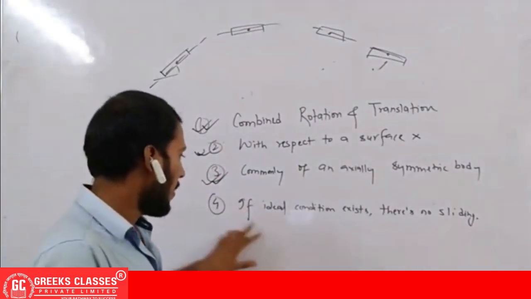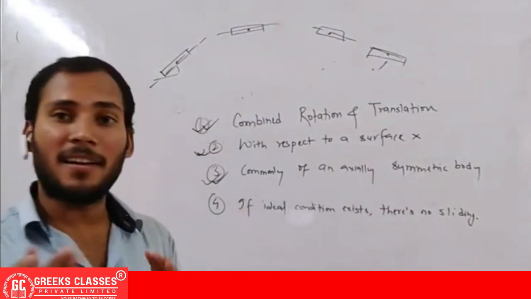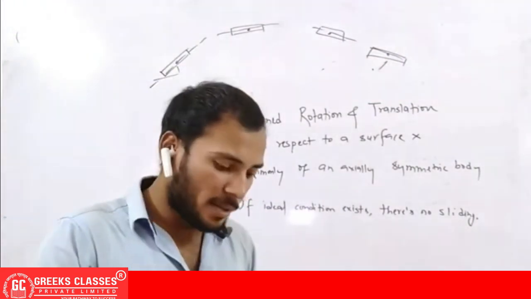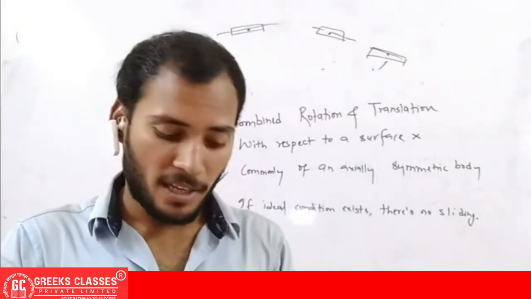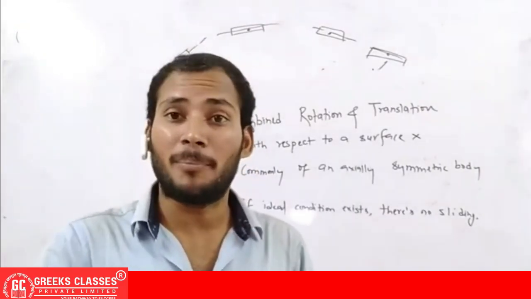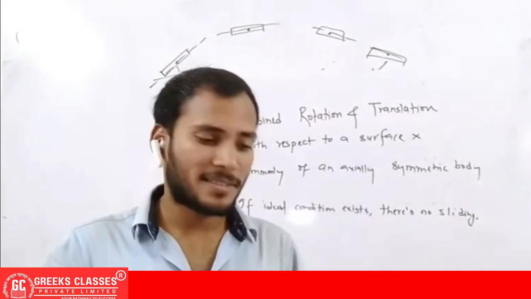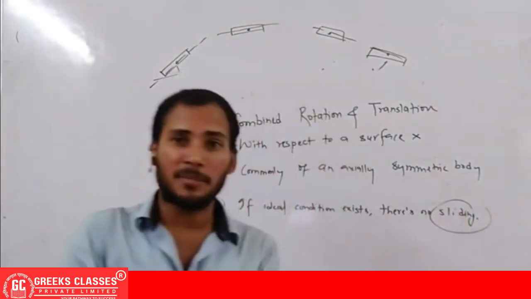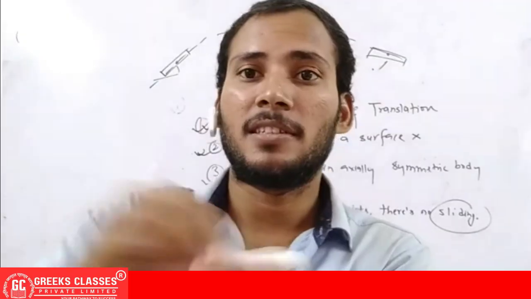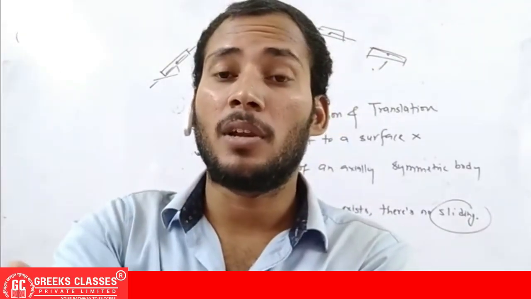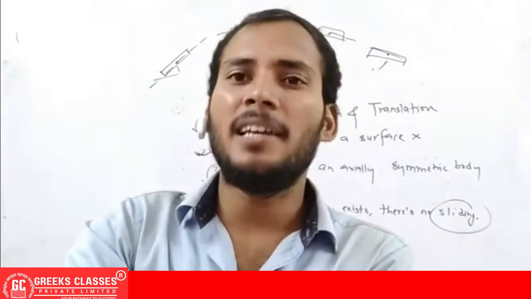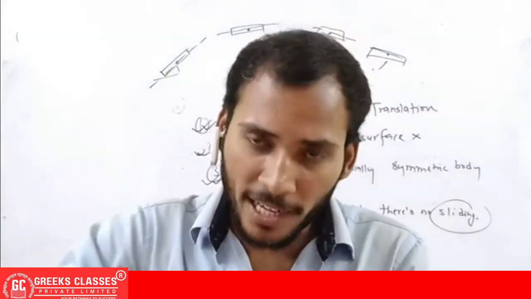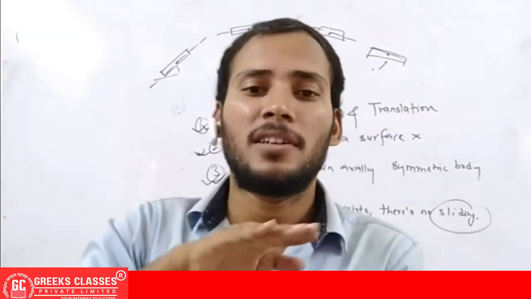The remaining condition is: if ideal condition exists, there is no sliding. Sliding means when we ride a bike and apply the brakes, the bike skids on the road. There is sliding, it does not properly roll. But when you gently ride your bike, it gently rolls, the wheel rotates as well as the center of mass translates.